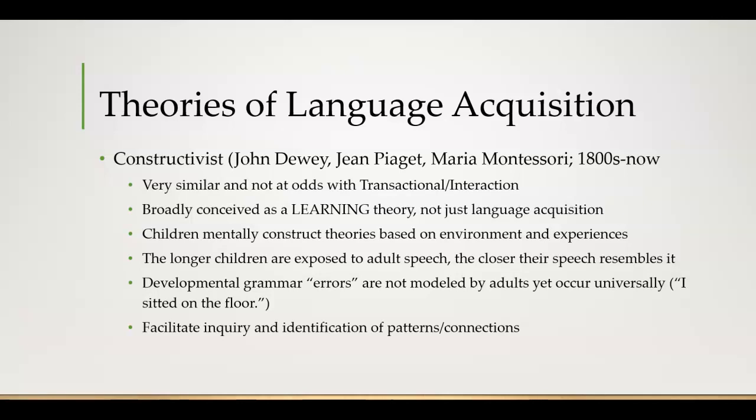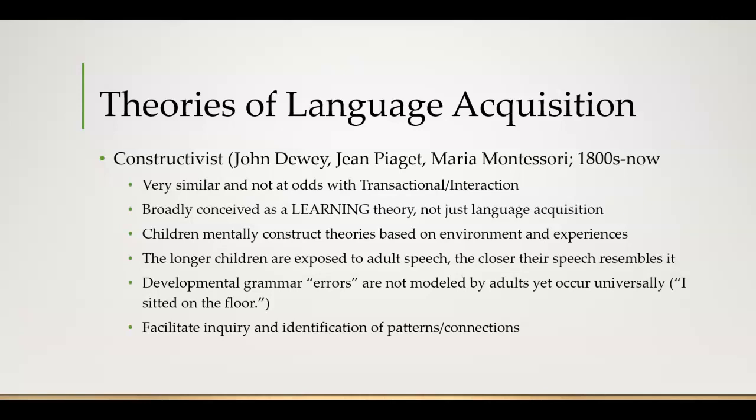The main claim or assumption of this theory is that children mentally construct their own theories based on their environment and experiences. Also, the longer that children are exposed to adult speech, the closer their speech resembles it. And so that's why we model language, but we don't correct theirs.